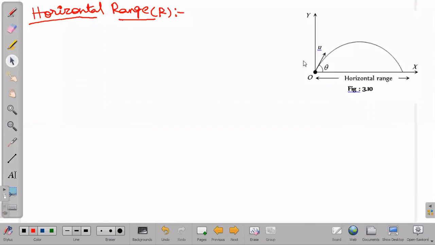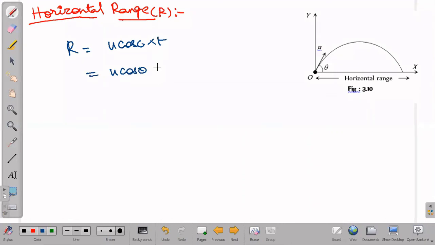Now in the horizontal range, what do we do? Simply, horizontal range R is equal to u cos theta into t. This is our horizontal range, right? So u cos theta into t. Here this t value we will substitute from the previous expression.